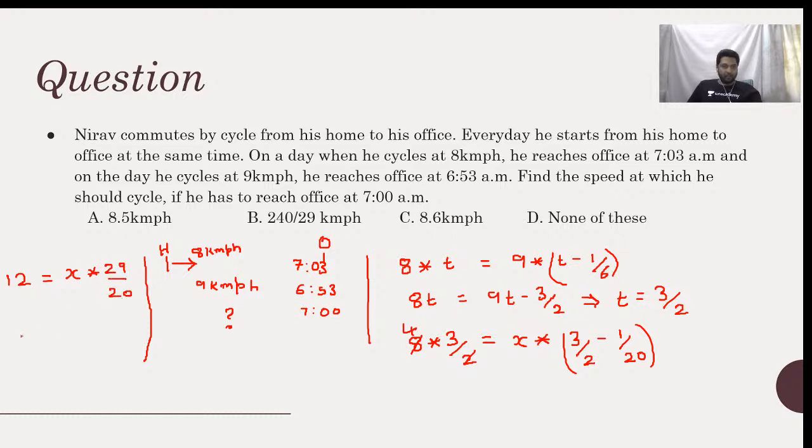If I simplify this, x will be equal to 12 into 20, 240 divided by 29 kilometers per hour. 240 by 29 kilometers per hour. Therefore, my answer is option B, which is 240 by 29 kilometers per hour.